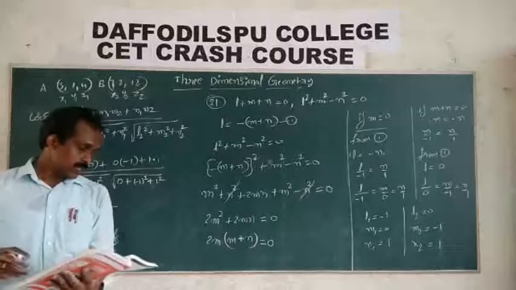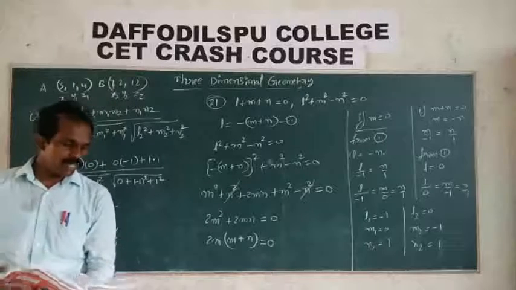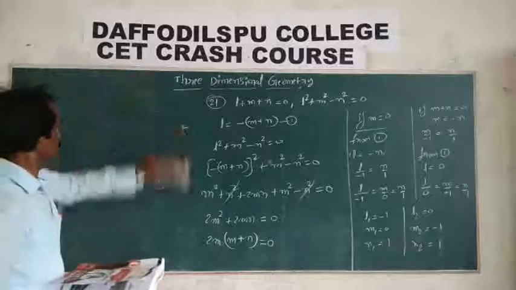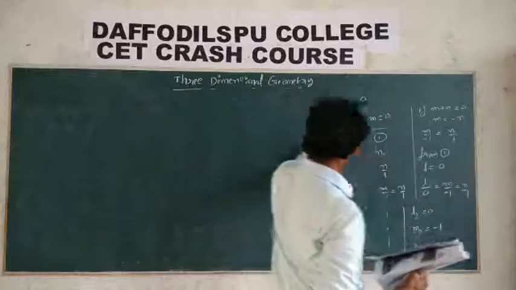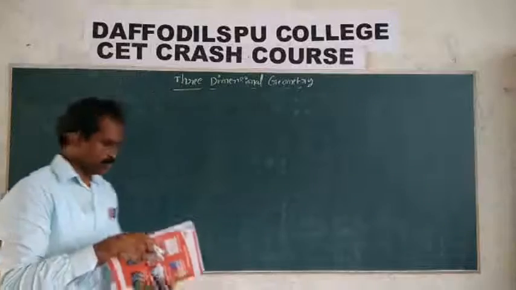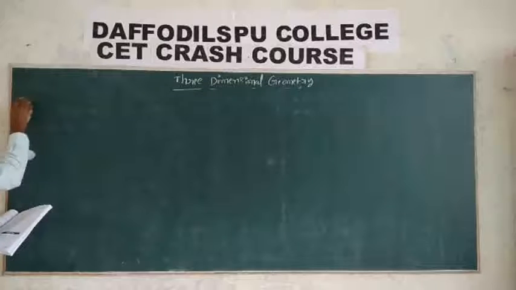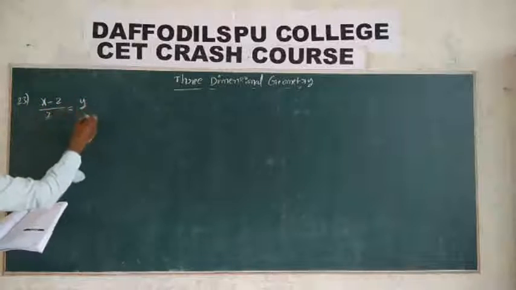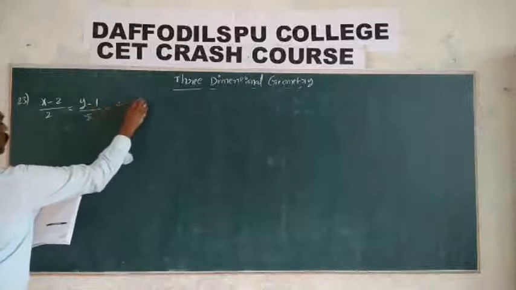Next, angle between the pair of lines. Okay, angle between the pair of lines. Right, two lines given, x minus x1 by a1. This type of problems in our theory also is there. Once you revise the problems, these three problems.